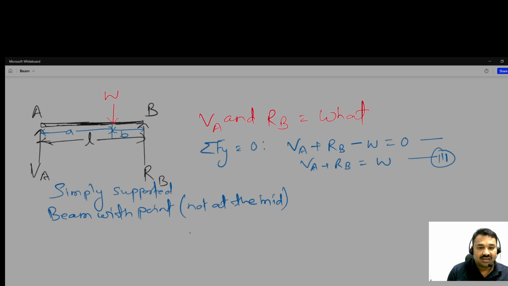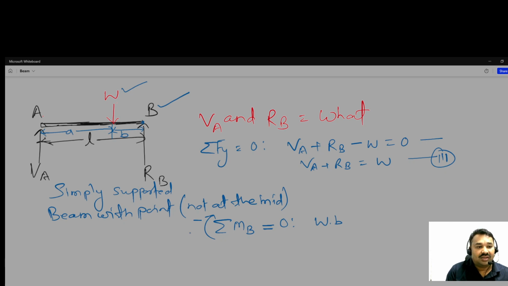Next we have to satisfy moment, suppose about B. Then W will try to rotate the beam about B, anti-clockwise, and the clockwise direction we have taken as minus, so plus W, and the distance we have to multiply is b.